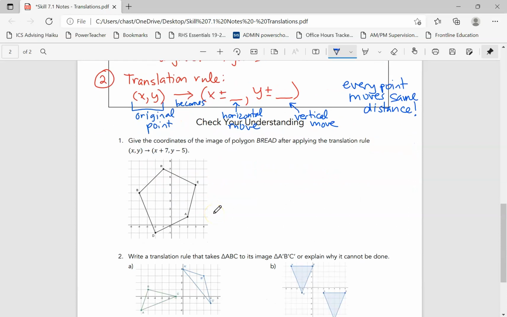So let's do a couple practice problems here. Here I've got a polygon bread, B-R-E-A-D, and we are told that we need to find the coordinates of the new polygon B prime, R prime, E prime, A prime, D prime by doing this motion here. So x plus 7, so that plus 7 means go right 7, and the minus 5 means go left, or sorry, down 5.